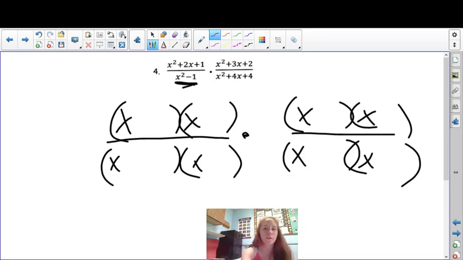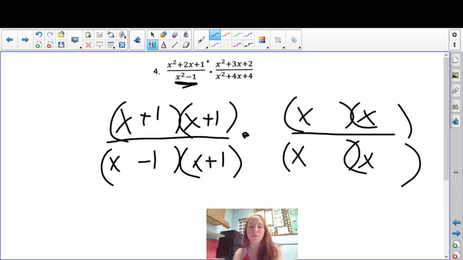Well, it multiplies to 1, adds to 2. Well, plus 1 and plus 1. Multiplies to negative 1, adds to 0, negative 1 and positive 1. What multiplies to 2, adds to 3? 2 and 1. Multiplies to 4, adds to 4? 2 and 2.